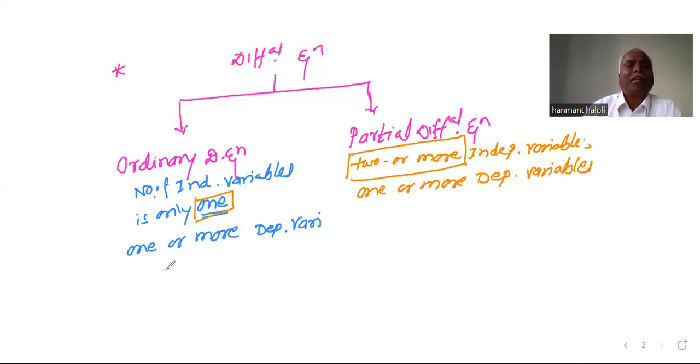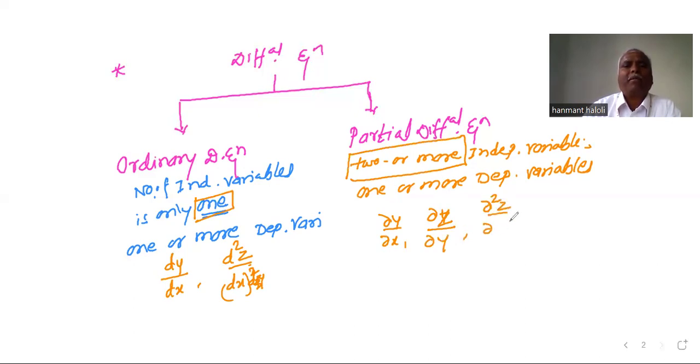Symbolically, the ordinary derivative is denoted by dy by dx, or d2z upon dx dy, or dy square. Here, the partial derivatives are denoted by del y upon del x, del z upon del y, del 2z upon del x del y, and so on.